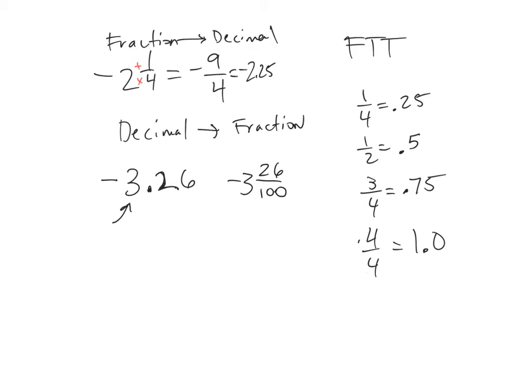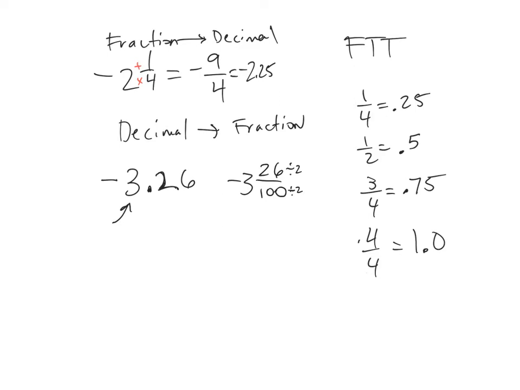Now I'm not done, because I can simplify this. So the way I simplify a fraction is by finding a common factor, so something that divides into both. Okay, so if we divide this by 2 and divide this by 2, I know they're both even numbers. I can't think of another one that goes into 26.